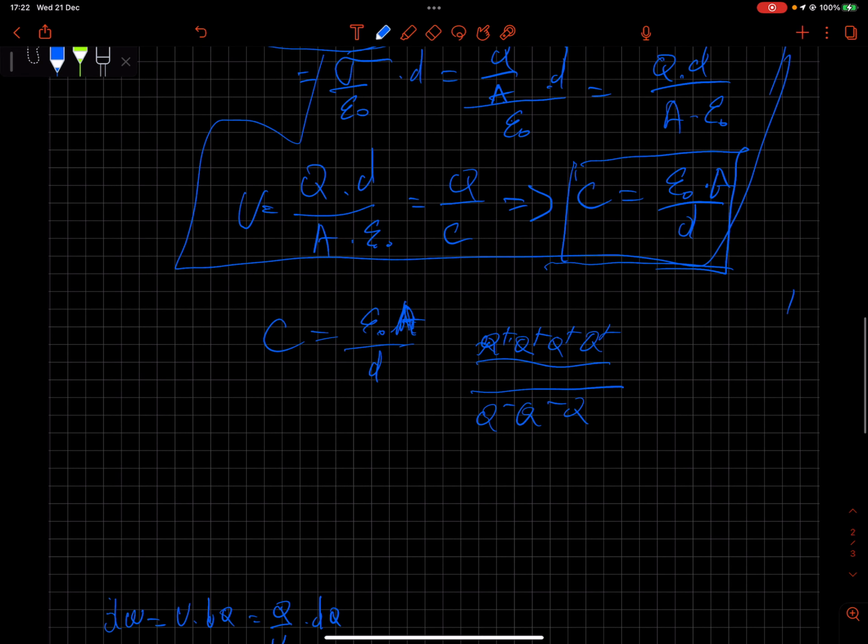And let's say that we transfer some small amount of charge, some delta Q, from the bottom plate to the top plate.